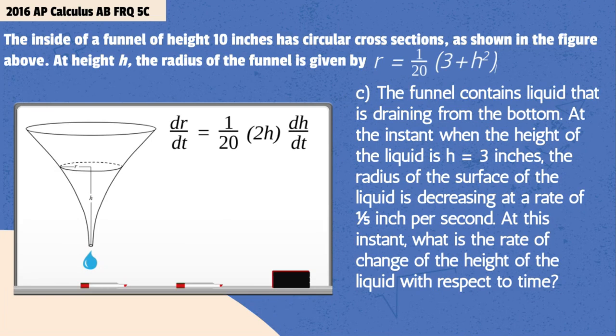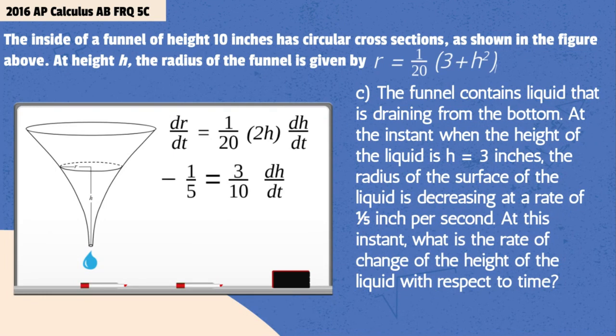Now we need to plug in what we've been given. The height is 3 inches, so we can plug that in for h. We were also given dr/dt, which is negative 1/5 inch per second. So we plug both of those values into the equation. dr/dt is negative 1/5, and plugging in h equals 3 will get you 3/10.